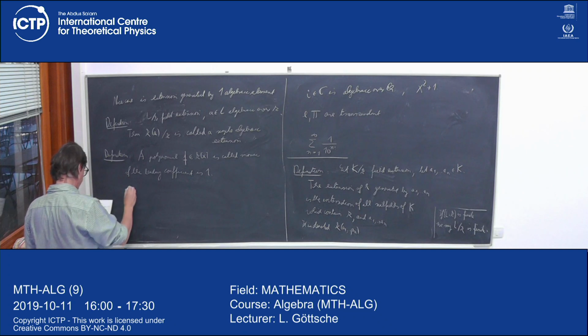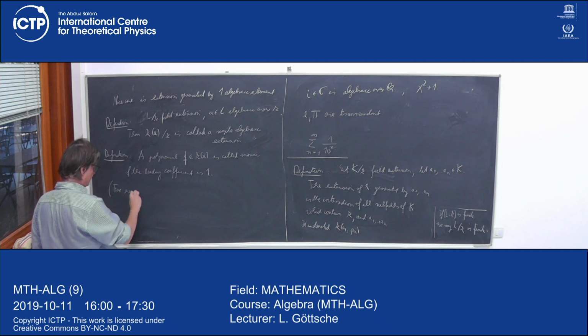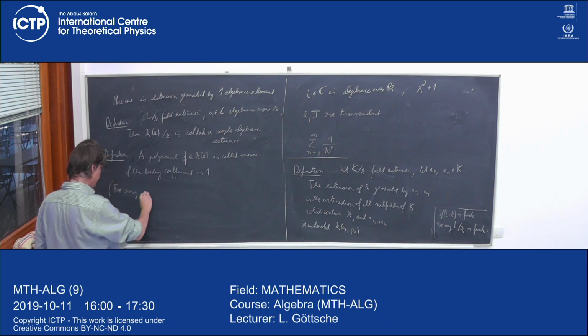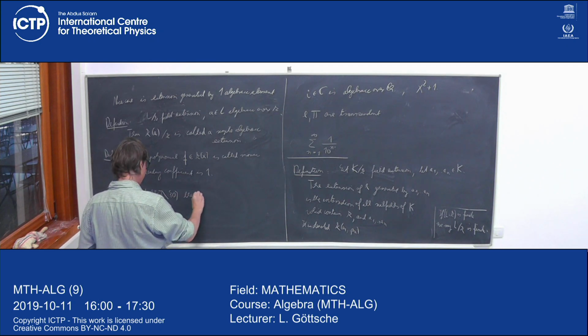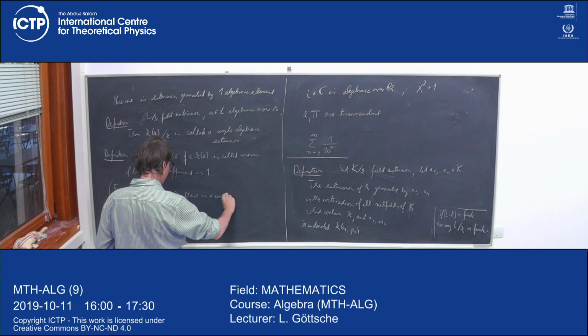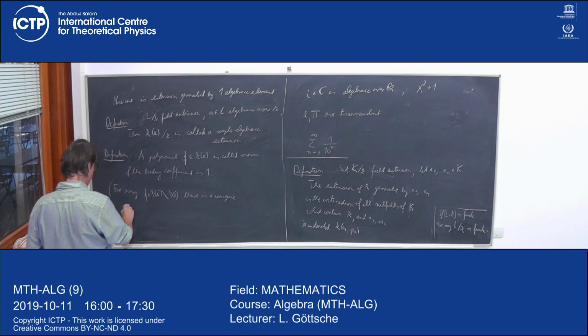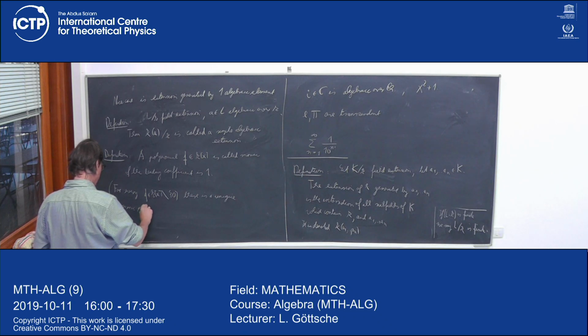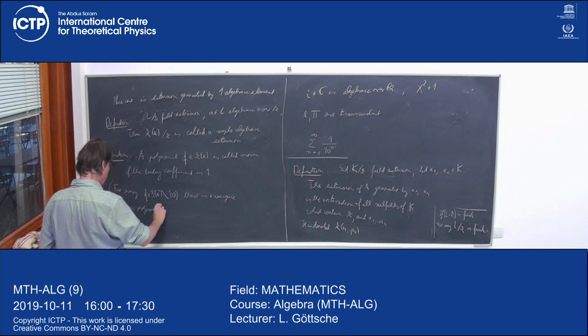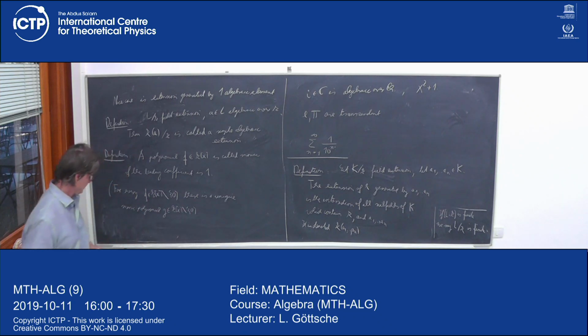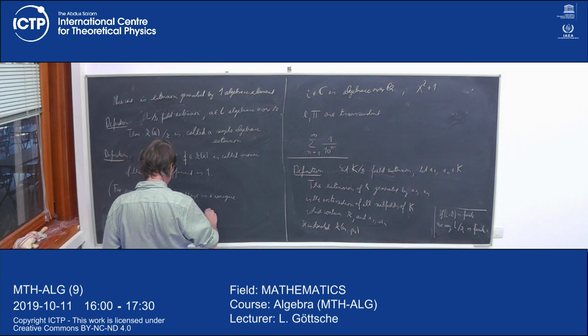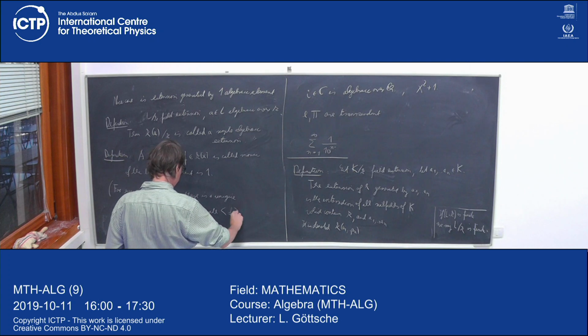So by definition, for every element f in K[x] which is not zero, there is a unique monic polynomial g, which is obviously not zero, which generates the same ideal in K[x].